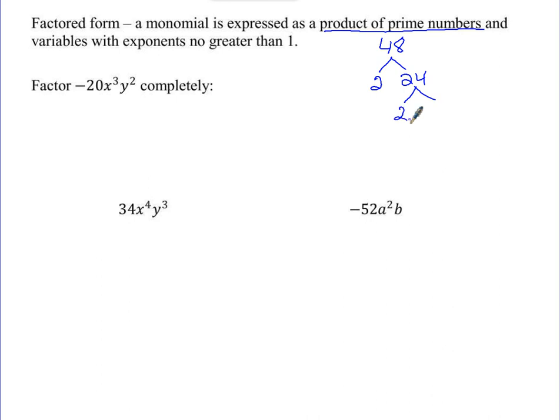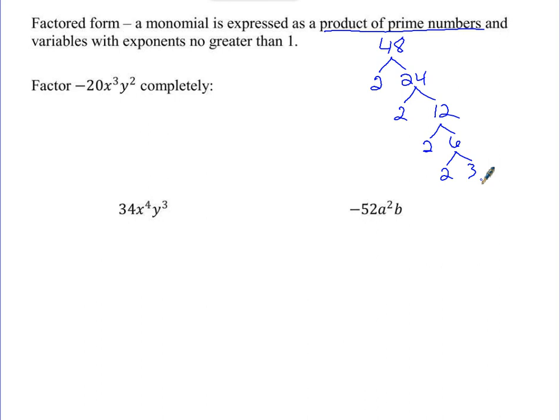So 2 times what gives me 24? 12. Is 12 prime? Nope. So I can split 12 into what? 2 and 6. Is 6 prime? Nope. I can split 6 into 2 and 3. Is 3 prime? Yes. So then I'm done. That's the prime factorization tree for 48.